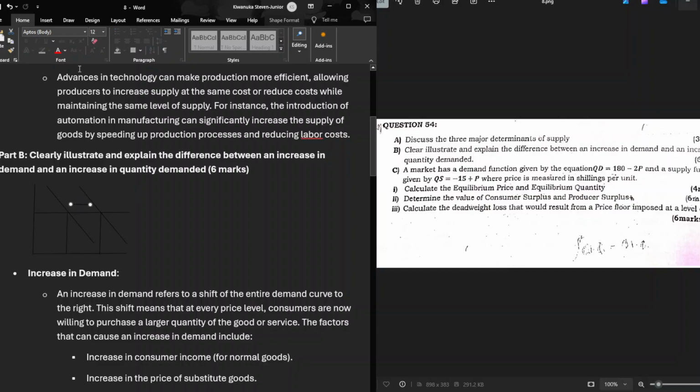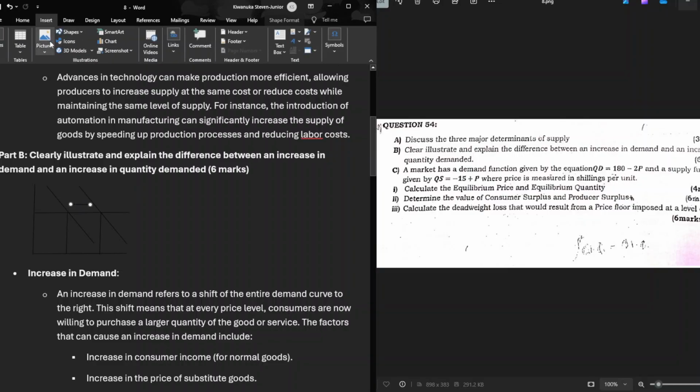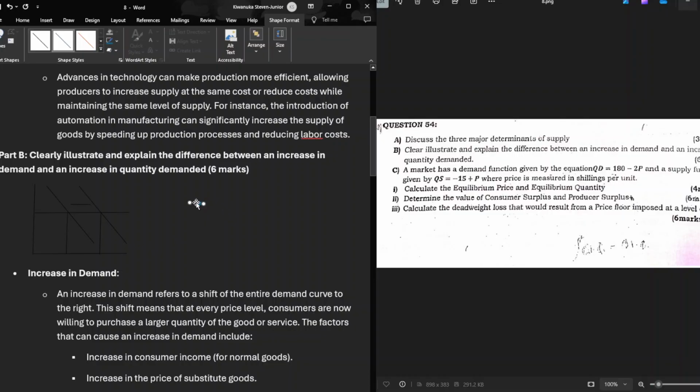I will delete that and insert this one, which we all understand very well, a line arrow, which will definitely serve the function we need.